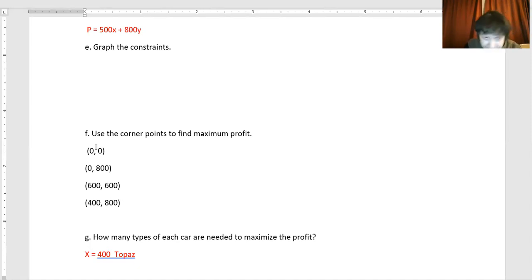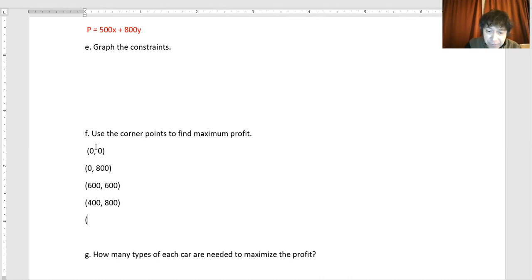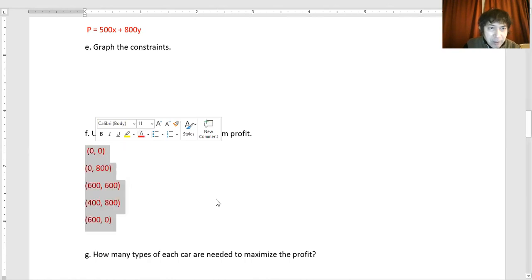And then for our fifth and final point, we have 600 and 0. Yes. That's what I remember from the other screen. Okay, and we shall color this red.